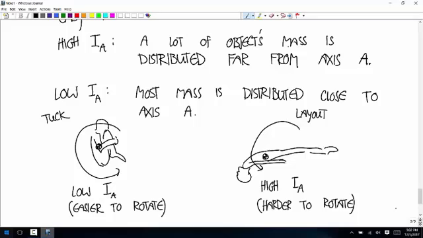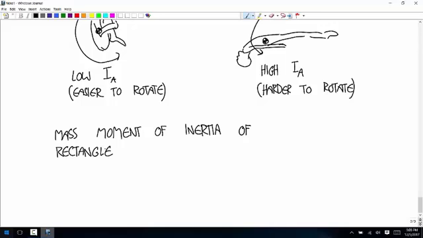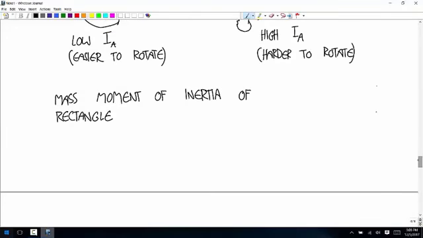The mass moment of inertia for a rectangle depends on where the axis of rotation is.